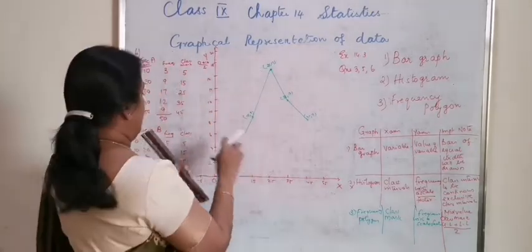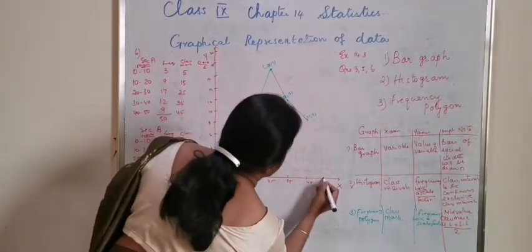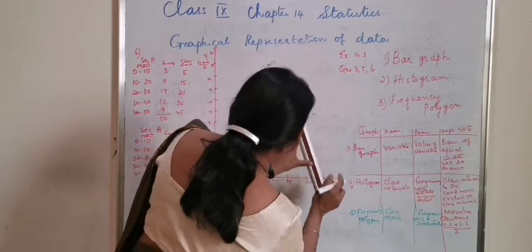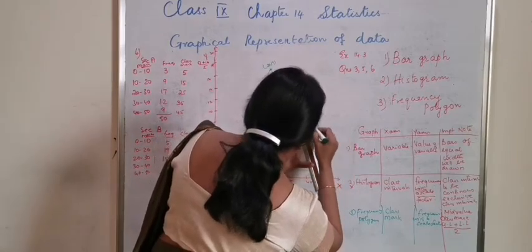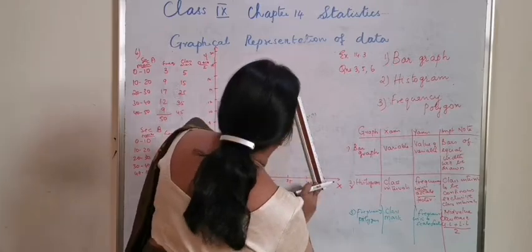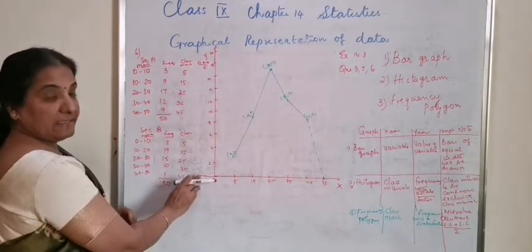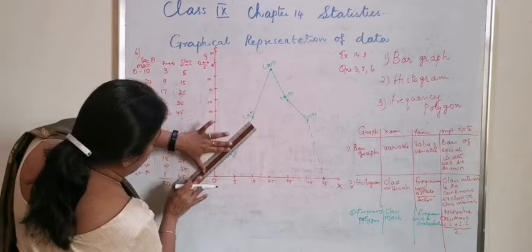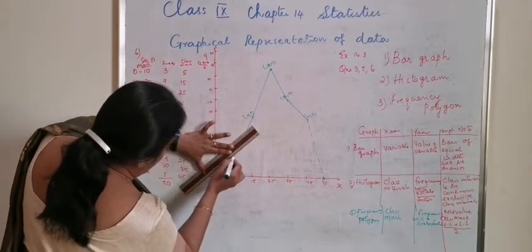And the mid value of the next class is 55. Here, since it is going to an imaginary left side, let's bring it to the origin.